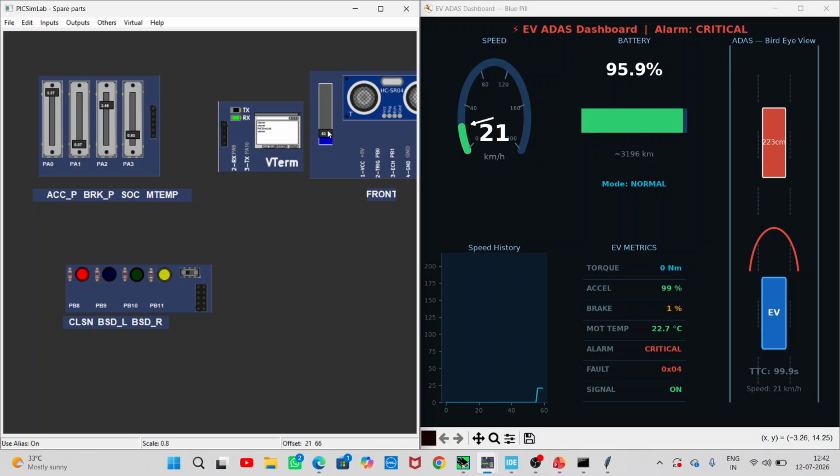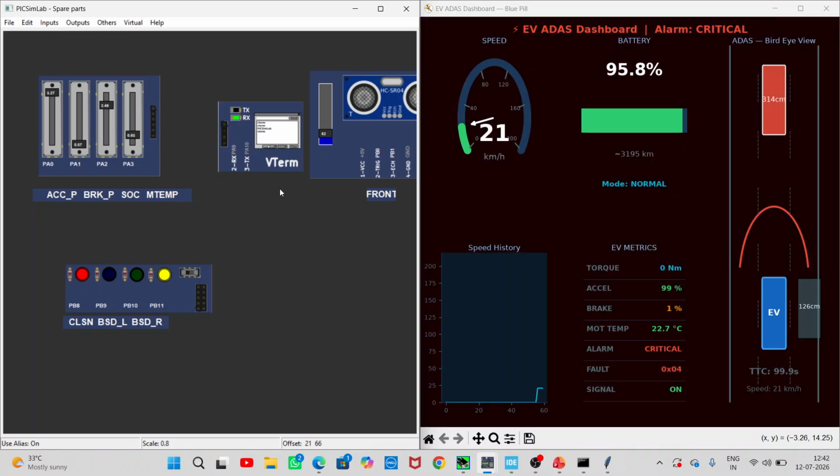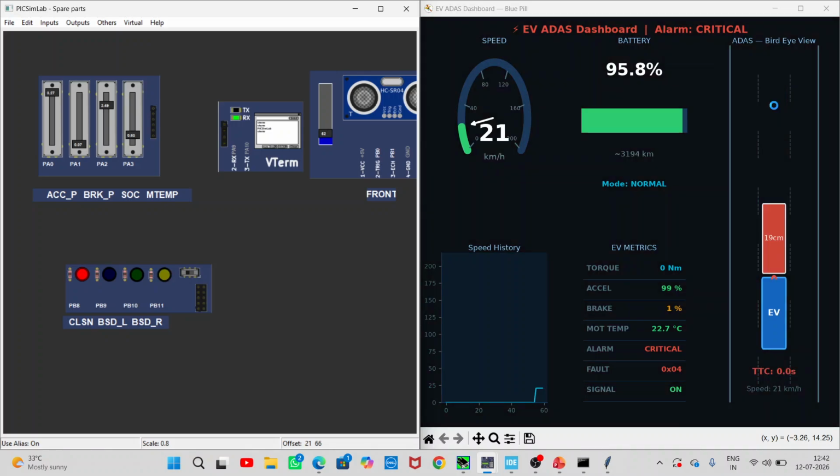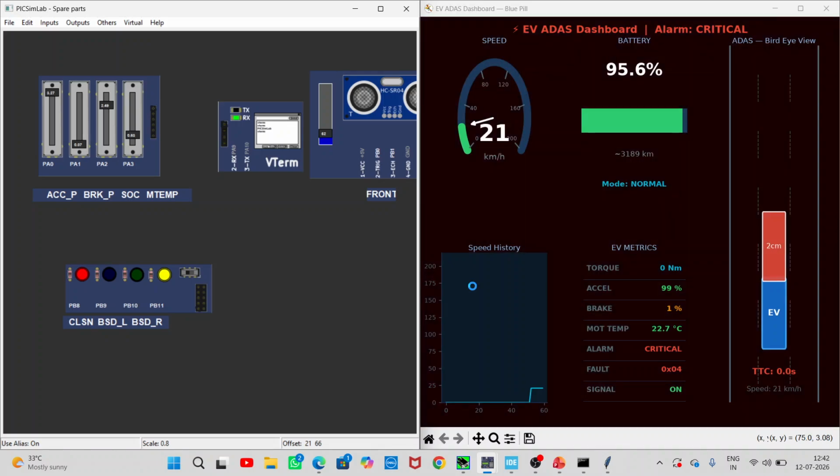When the front ultrasonic sensor distance is reduced, here we see the forward collision warning is detected. In bird's eye view the collision is detected. Then the speed shows 21 kilometers per hour and SOC is 95.7, and here it shows the speed graph.